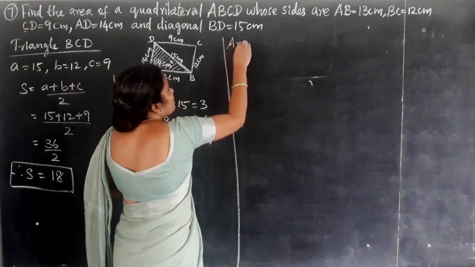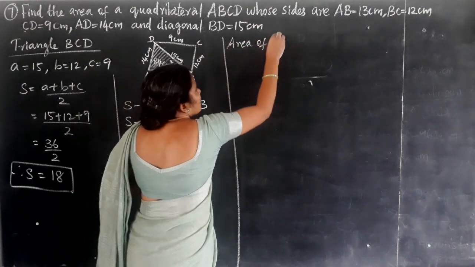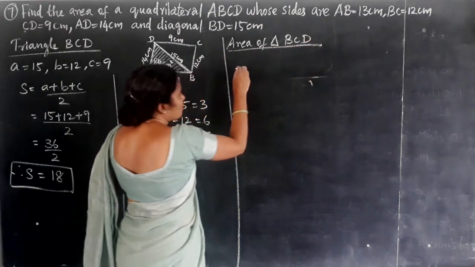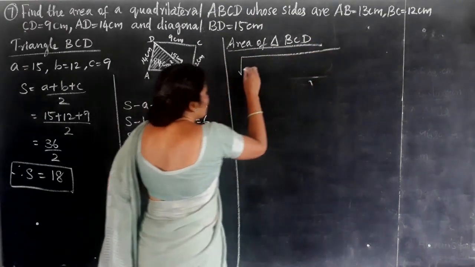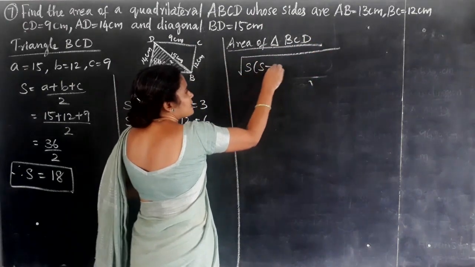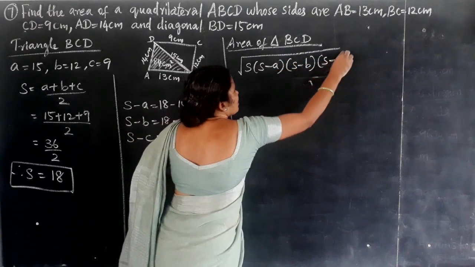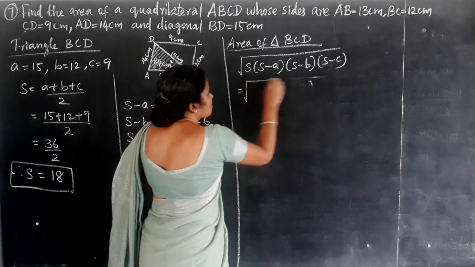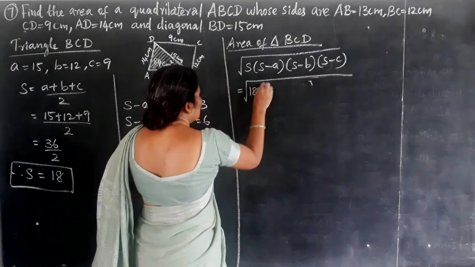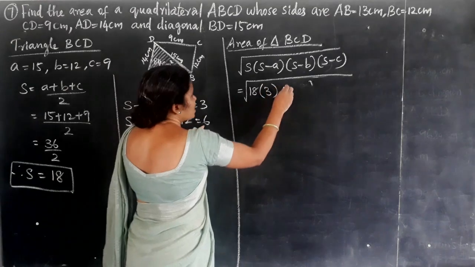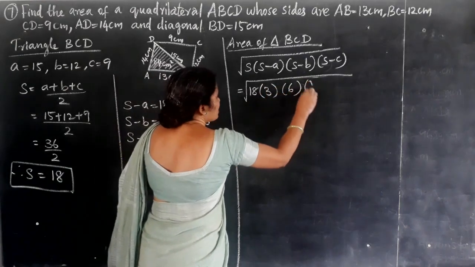To find the area of triangle BCD using Heron's formula, the area is the square root of s times (s minus a)(s minus b)(s minus c), where s is 18, s minus a is 3, s minus b is 6, and s minus c is 9.